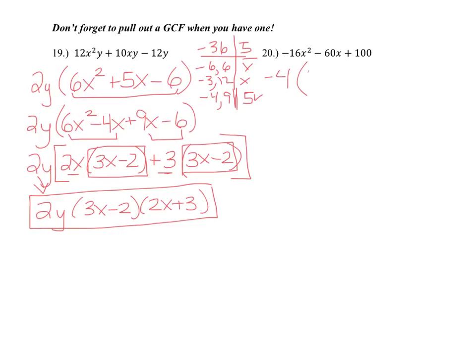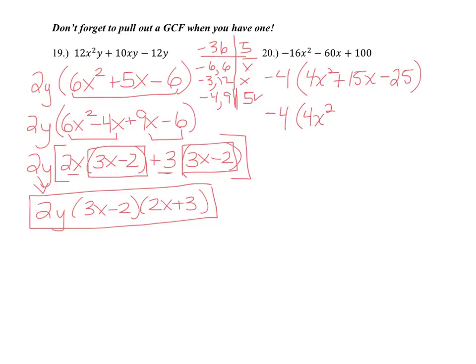All right, so then I'm going to get 4x squared plus 15x minus 25. All right, so now this negative 4 hangs out to the front, and I'm going to now take 4x squared, and I need to try to figure out what my middle terms are going to be, right?